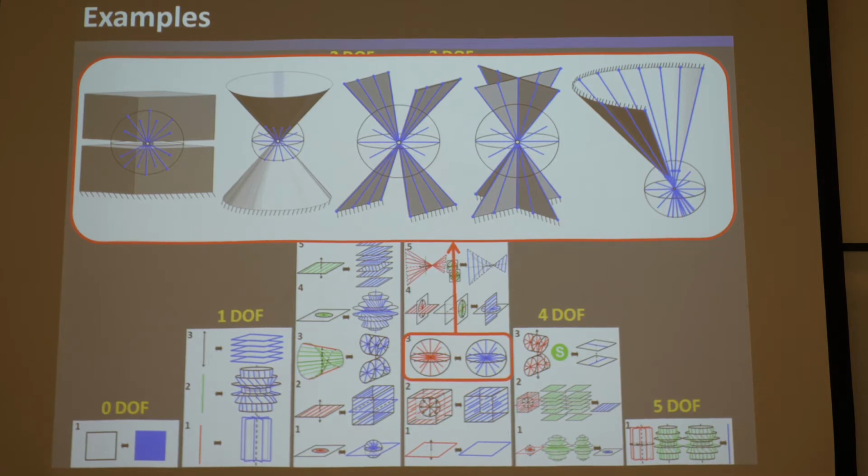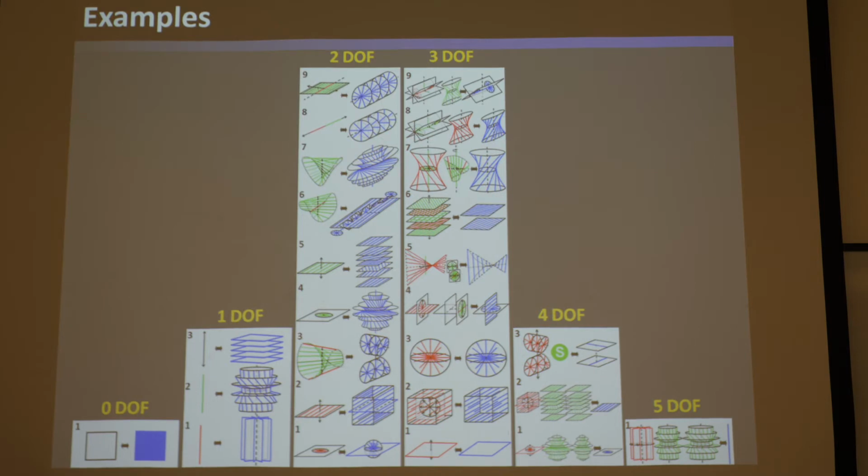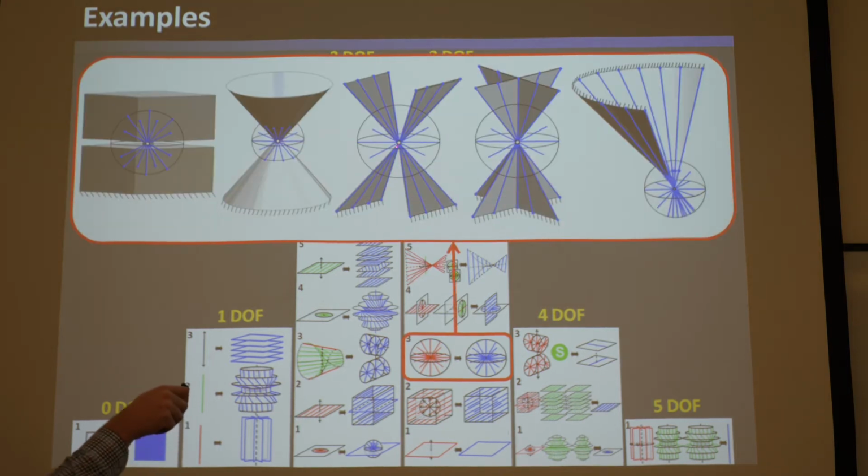And then this one, you might look at this one and you say, well, this is actually two elements. We took two of these guys and laid them together and just joined them in the center. So does that count as a single element? Yes, it does. Anytime elements are fused together, either at a point or a line or a curve or whatever, if they're fused together as a single element, they count as a single element.